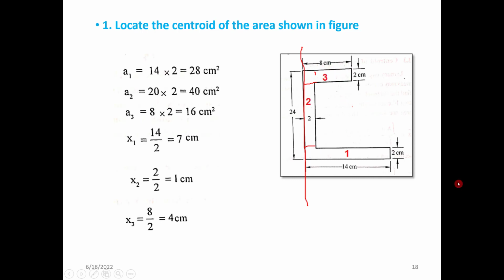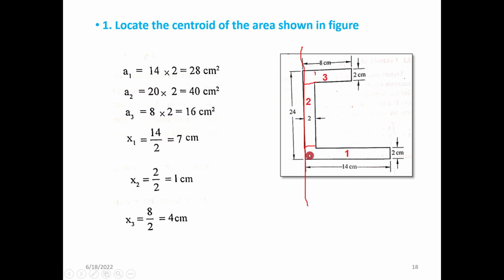Now we can use the previous equation. The total composite area is divided into 1, 2, 3, where A1 is the area of the first rectangle, that is 14 into 2, which is 28. A2 will be 20 into 2, because 24 is the total depth and the thickness 2 is removed from top and bottom.